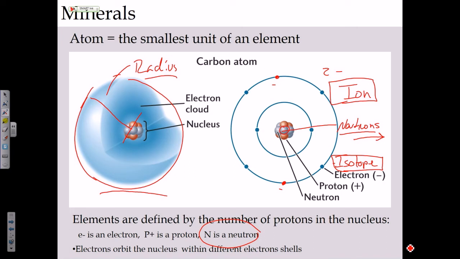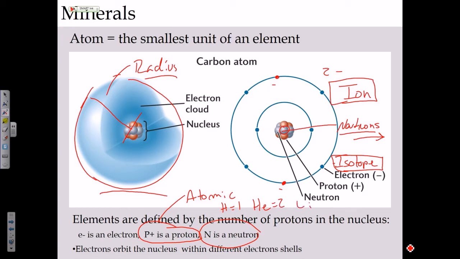Okay? And this brings us to an important point that I want to make, that the number of protons, which we also refer to as the atomic number, the atomic number, defines the element. Hydrogen must have 1 proton. Helium must have 2.